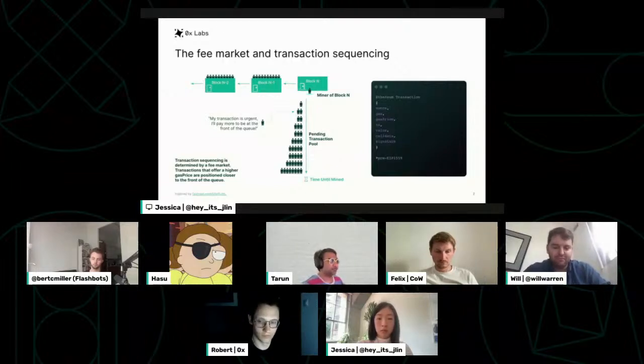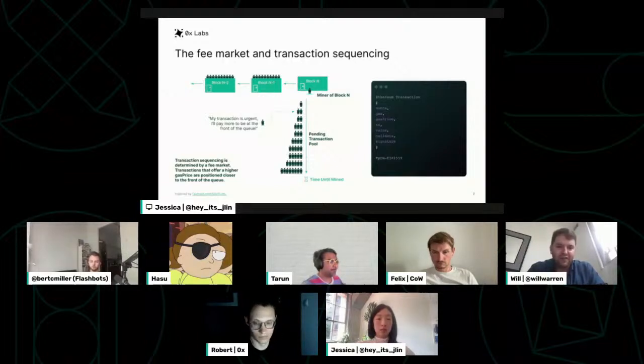And this results in what are called priority gas auctions, where, if there is an opportunity to capture some value, some MEV, in a risk-free way, say you can make $100 of risk-free profit if you are able to get your transaction mined first, well, then different actors can compete for that MEV, and they can bid up the gas price in a priority gas auction such that their transaction is mined first.